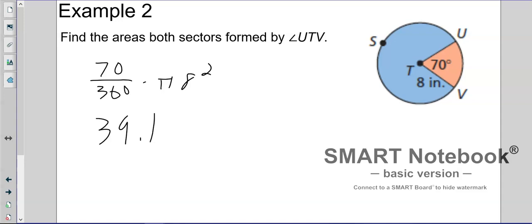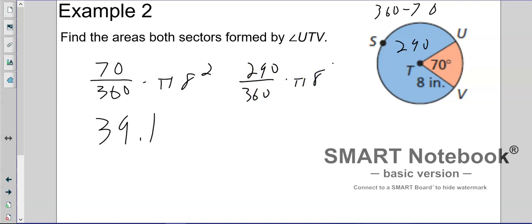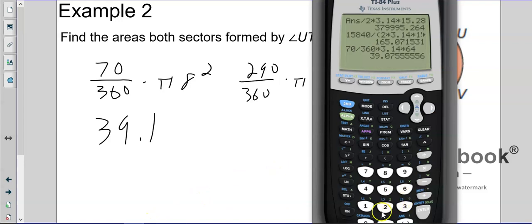Now that's for the smaller sector. The bigger sector, if we do 360 minus 70, we get 290. So we're just going to do the same thing. 290 divided by 360 times pi 8 squared. And it's just going to be the same math. You're just going to type in the calculator the exact same way. So 290 divided by 360.